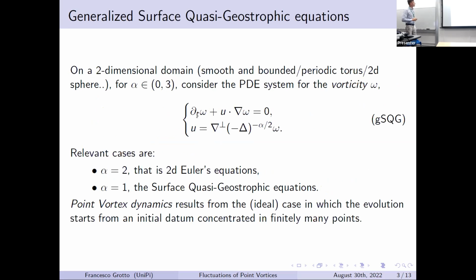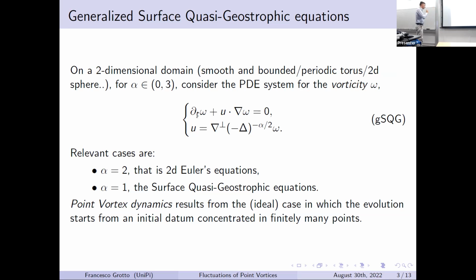All right, so the PDE model from which everything comes is the following. It is this generalization, if you want, of the two-dimensional Euler equation. So you have usual advection of a scalar, which is the vorticity, and the vector field that drives it is given in terms of the vorticity omega in the following form.